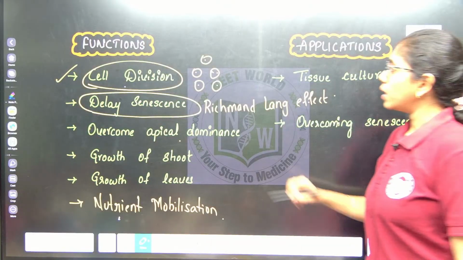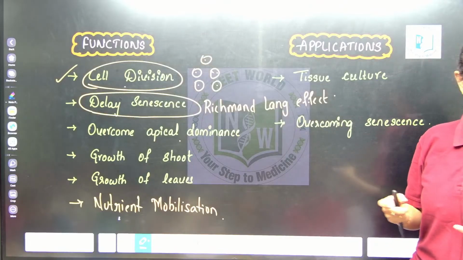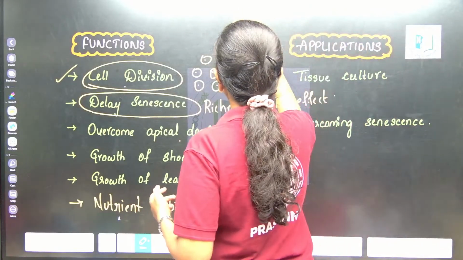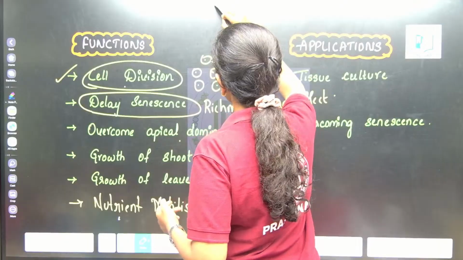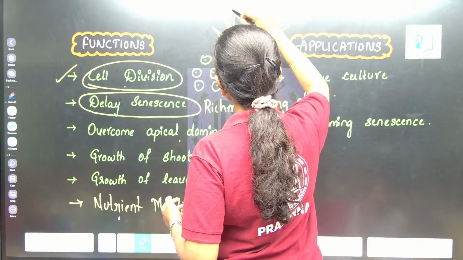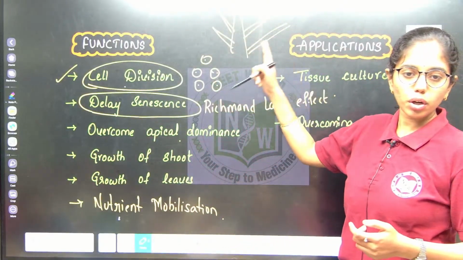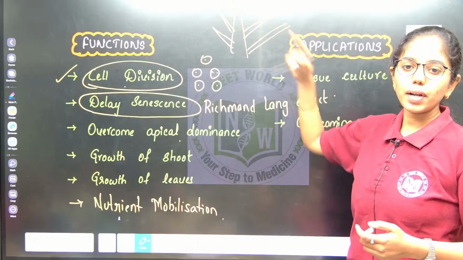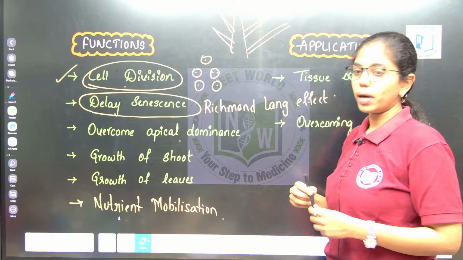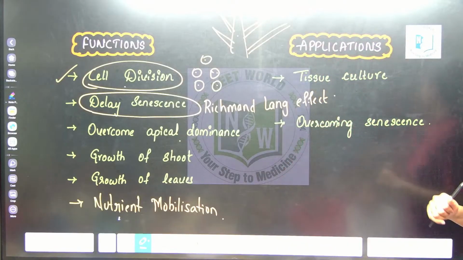For example, over a plant, if you spray cytokinins, what does it do? It will promote the growth of lateral buds, whereby it will inhibit the growth of what? Apical bud. This is used in tea plantations and hedge making.